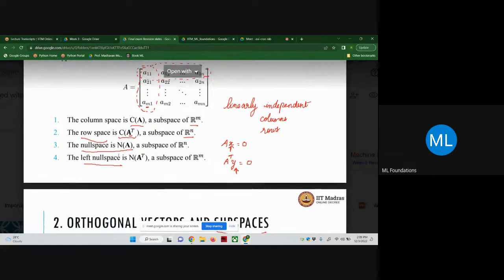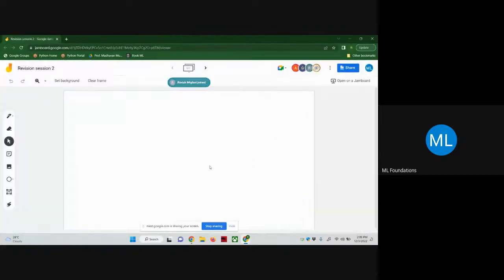Then the null space of A is anything of the form Ax equals 0, right? Using these vectors, suppose Ax1 equals 0 is satisfied, Ax2 equals 0, and Ax3 equals 0. These three are three possible different vectors.